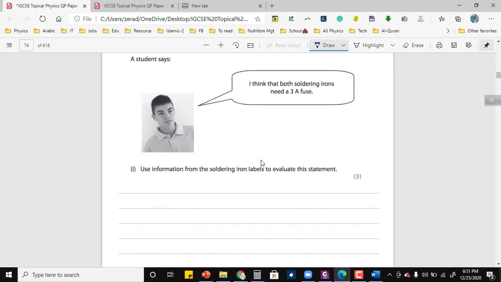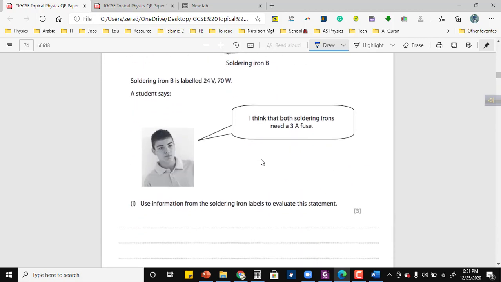So let's calculate the current required for this particular appliance.